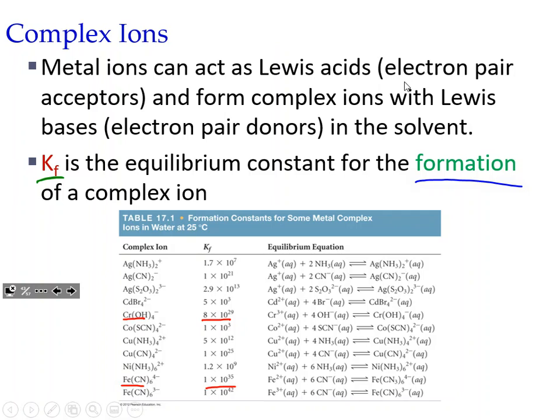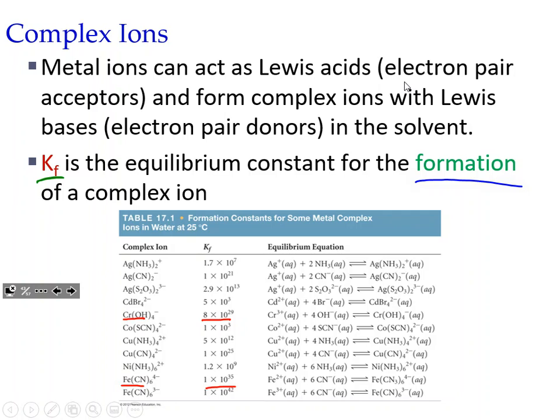So if they were to ever phrase it like, to what extent, looking at the extent of K, and you see that K is super large, you're supposed to assume it goes to completion. And you're supposed to just do regular stoichiometry, no RICE tables, no equilibrium math. It would go just regular stoich math.